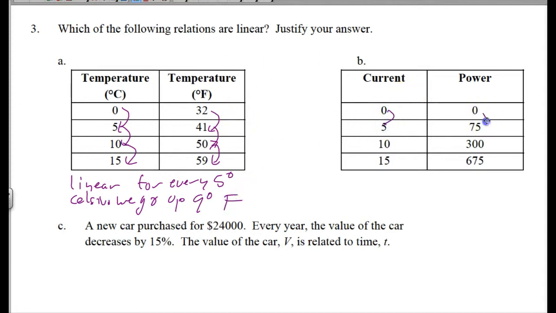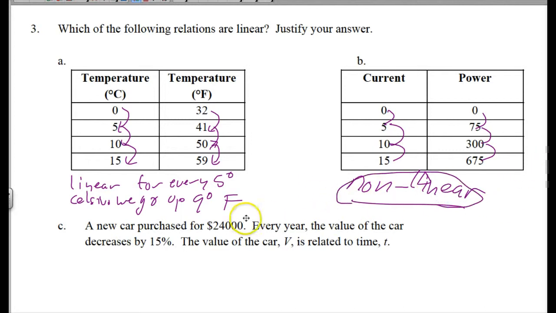Up by 5, up by 75, up by 5, up by 225, up by 5, up by 375. Non-linear. I don't know if that should be underlined. Maybe it should be circled because it's non-linear.